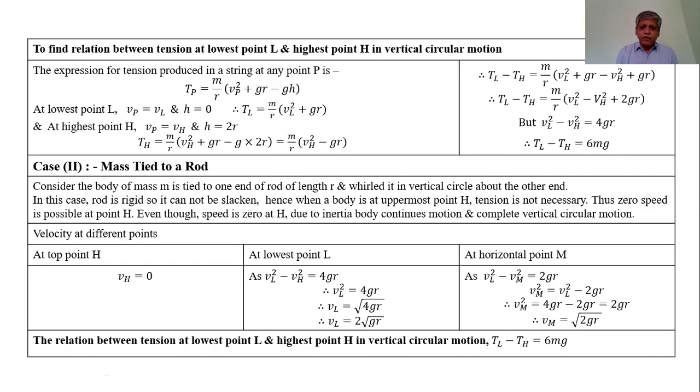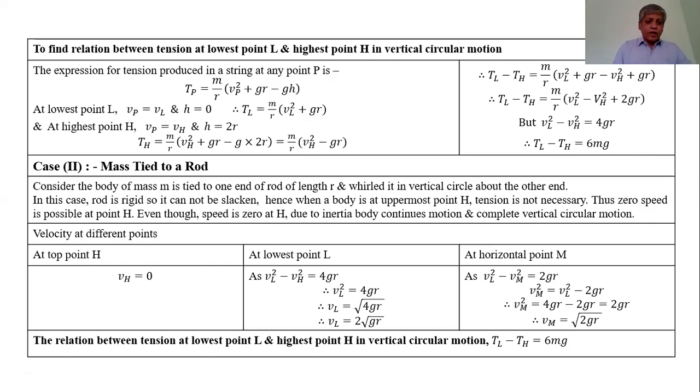Remember this. Tension at the lowest position is greater than the tension at the highest position by 6 times mg.